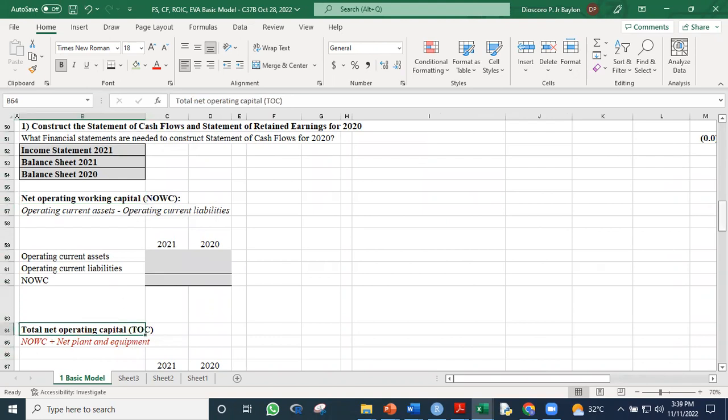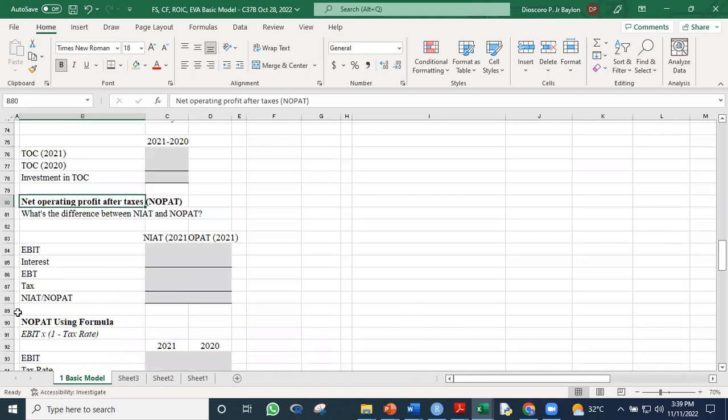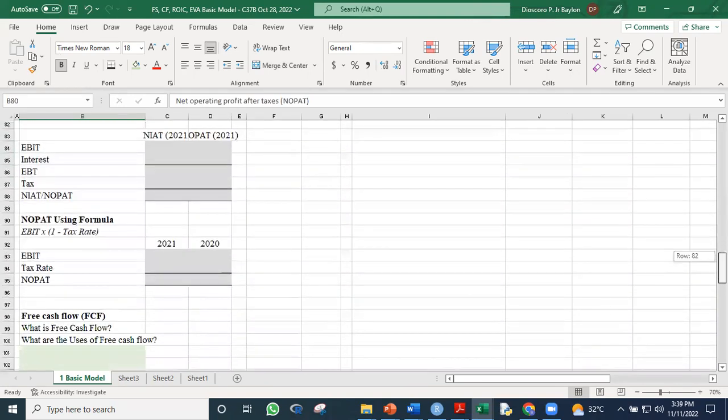Then you have your TOC, and then we have the investment in TOC, and then the NOPAT. So we'll strive to reach up to the NOPAT here. Okay, that's where the other section ended this morning.